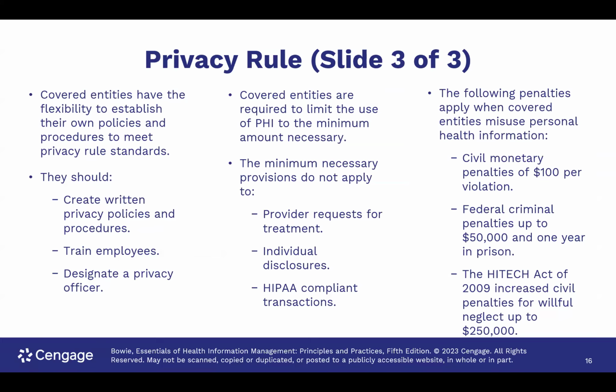They need to create written policies and procedures, train employees, and the one thing that's a non-negotiable item is to designate a privacy officer. Covered entities are required to limit the use of PHI to the minimum amount necessary. The minimum necessary provisions do not apply to provider requests for treatment, individual disclosures, or any HIPAA compliant transactions.